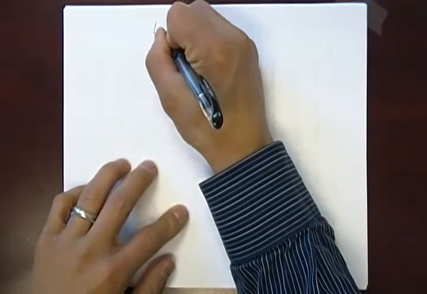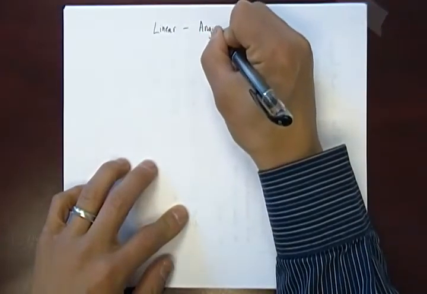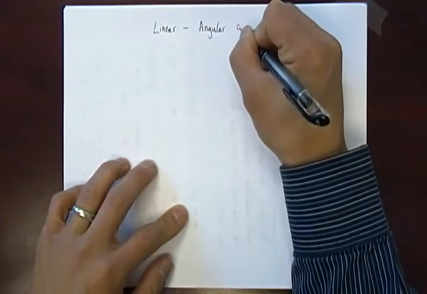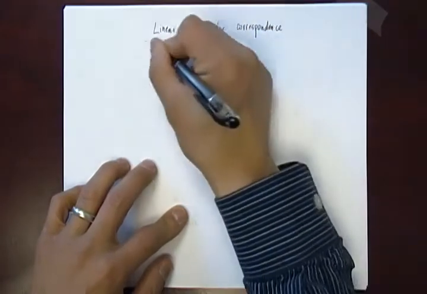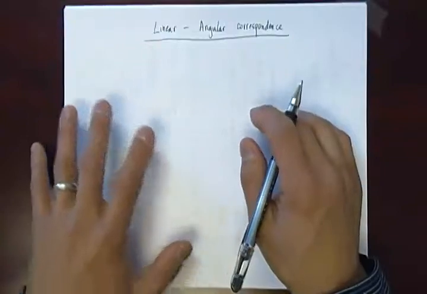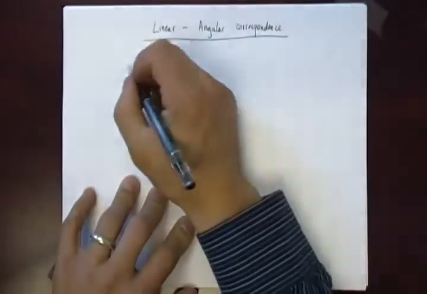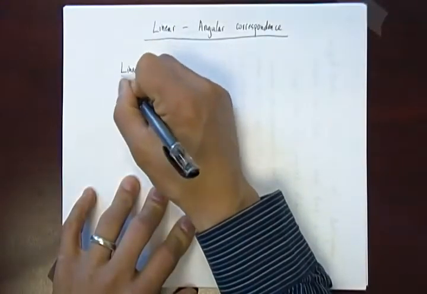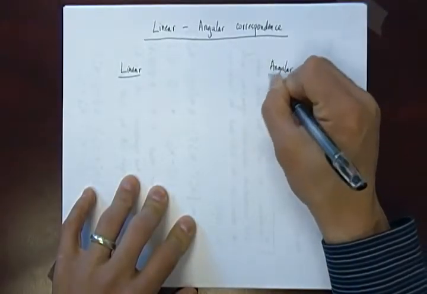So I'm going to make what I'll call the linear-angular correspondence. The purpose of this is that you don't have to memorize anything new again. Just making correspondences will allow you to dig up the information you already learned for the motion in a straight line. So let's consider the linear case, the stuff you already know, and the angular case, the new stuff.